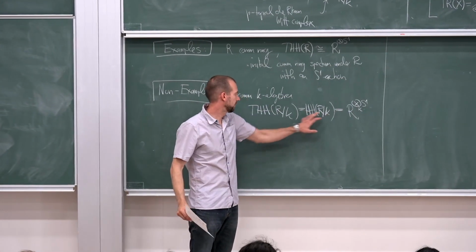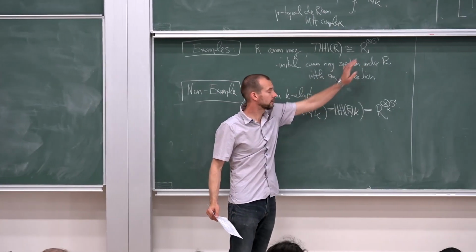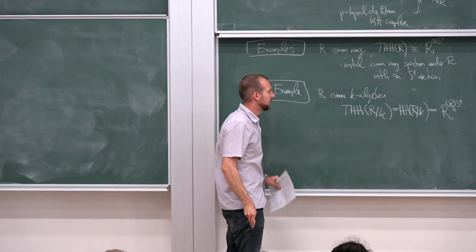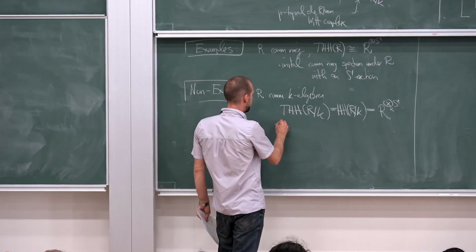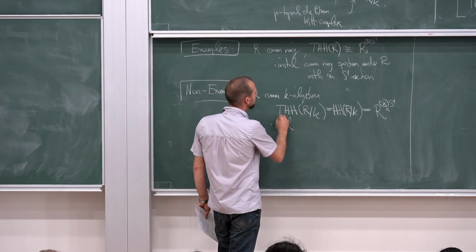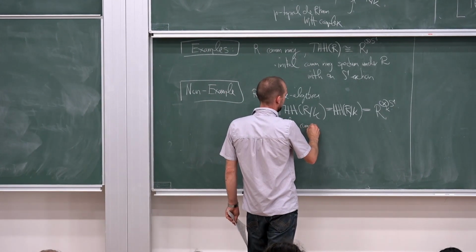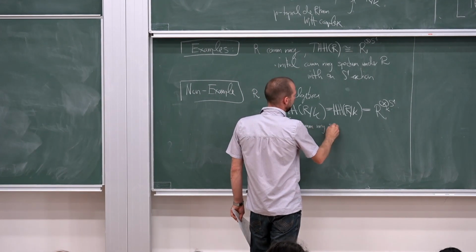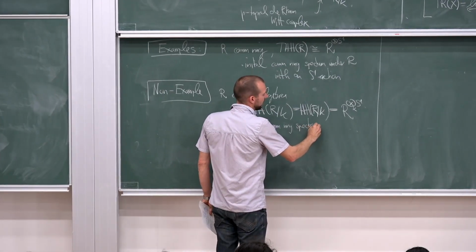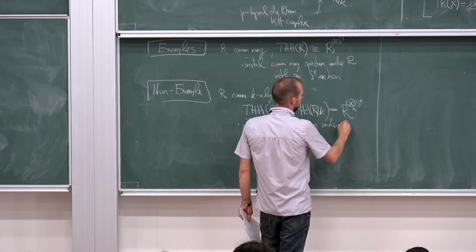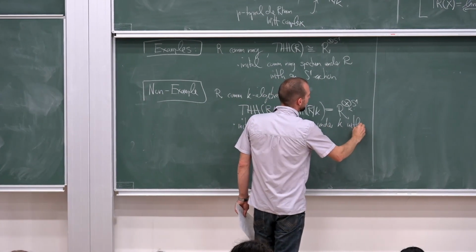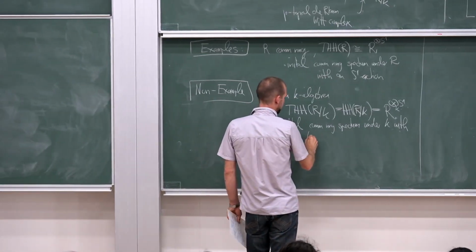Here I do it in the derived category of K. Here I do it in spectra. And so what is this? What is the universal property of this guy? It's the initial commutative ring spectrum under K with a K-linear S1 action.